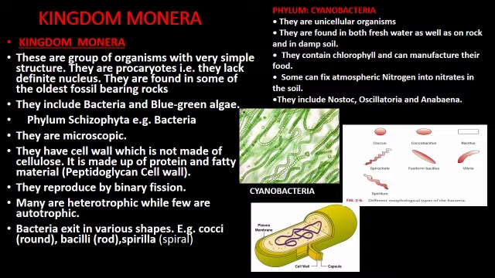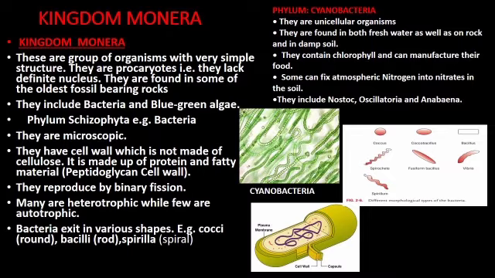One of the major things about bacteria or kingdom Monera is that they lack some organelles like mitochondria and chloroplast. And it's expected that chlorophyll is found in the chloroplast. Since they lack chloroplast, their chlorophyll is still there, which enables them to carry out photosynthesis. Some cyanobacteria fix atmospheric nitrogen into the soil. Examples of cyanobacteria include Nostoc or Oscillatoria.